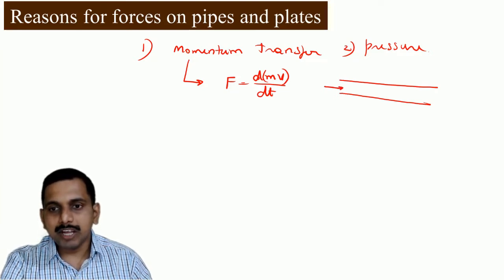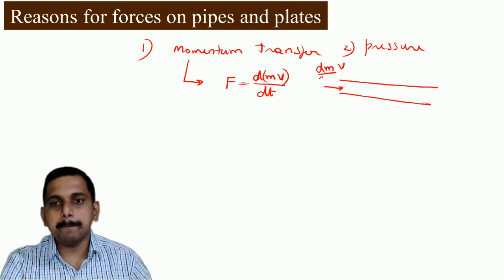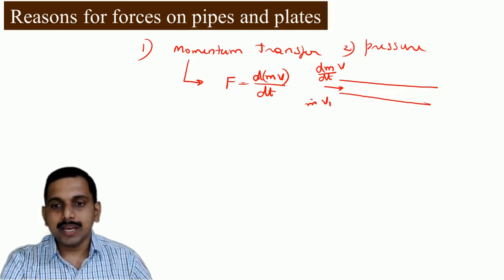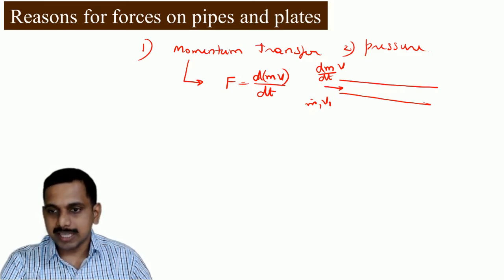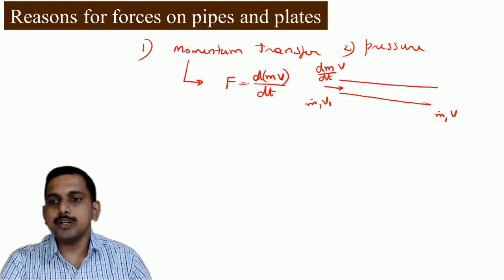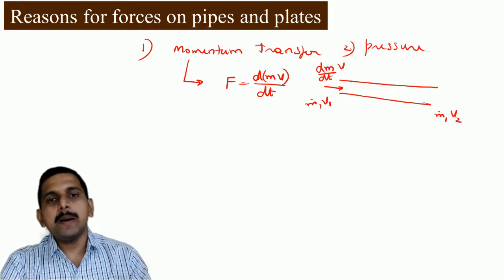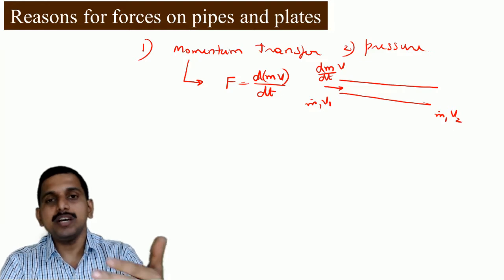The momentum flux here is given as d of m into velocity, dm by dt into velocity. So this is m dot into v1, m1 dot into v1. It may be the same m1 dot if it is a steady flow, into v2. This gives the force.